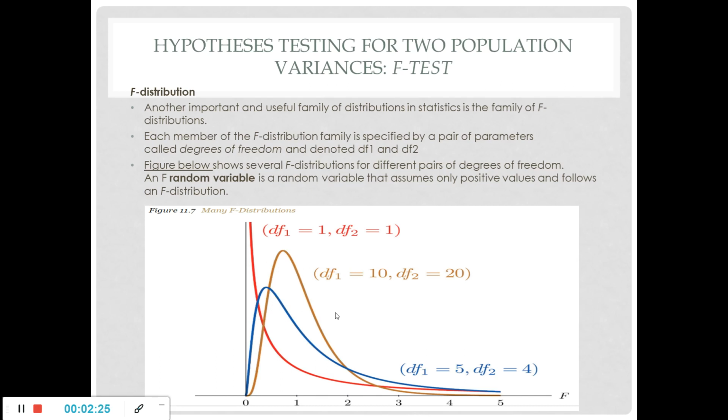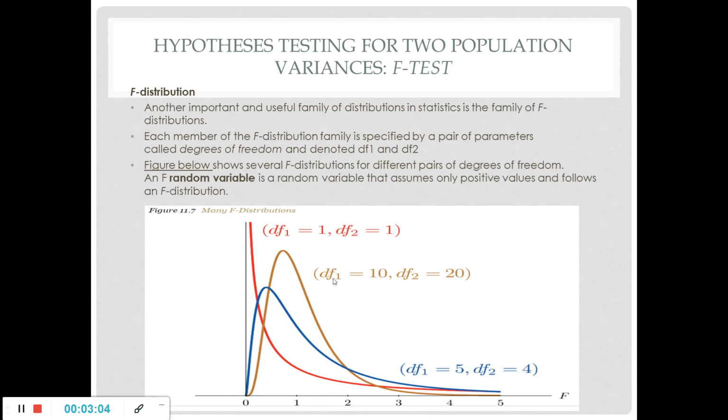This distribution also tends to the normal distribution when the degrees of freedom increase. As you can see, the center one, the brown colored distribution, to some extent tends toward the normal distribution because of high degrees of freedom. But still, it is not replicating the normal distribution.